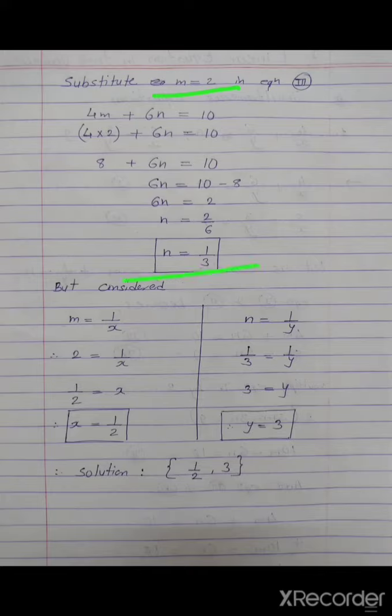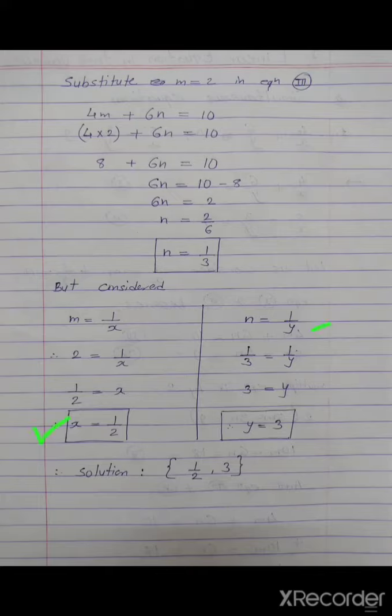In the earlier step we already considered these values: m is equal to 1 upon x and n is equal to 1 upon y. So here I am substituting these values, because we got m equal to 2. This is the value of 1 upon x, and here we have to find the value of x only. To find this value, I use invertendo, and when we invert it, we will get x is equal to 1 upon 2.